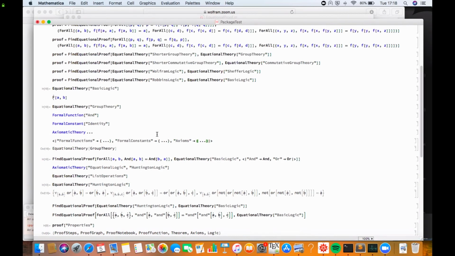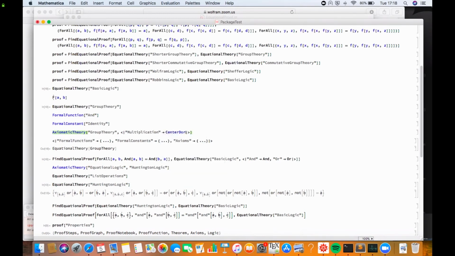But then we would allow you, let's say the formal functions were And and Or, we would allow you, when you call axiomatic theory, to say, let's just write this down, axiomatic theory, let's say group theory, and then you'd say, possibly in that argument, yes, something like multiplication arrow center dot, the symbol center dot.